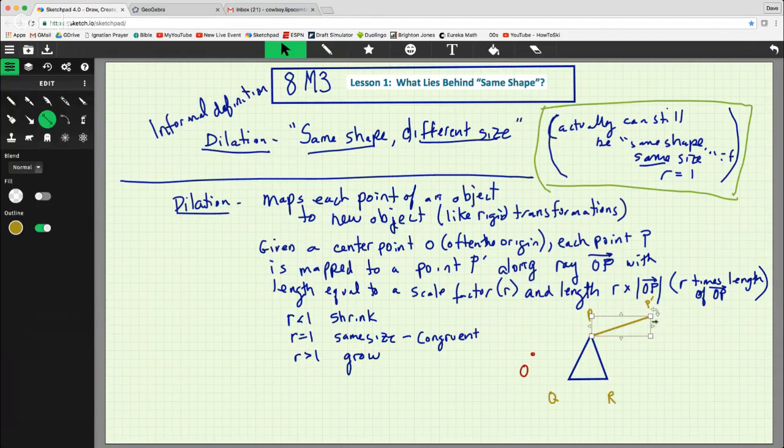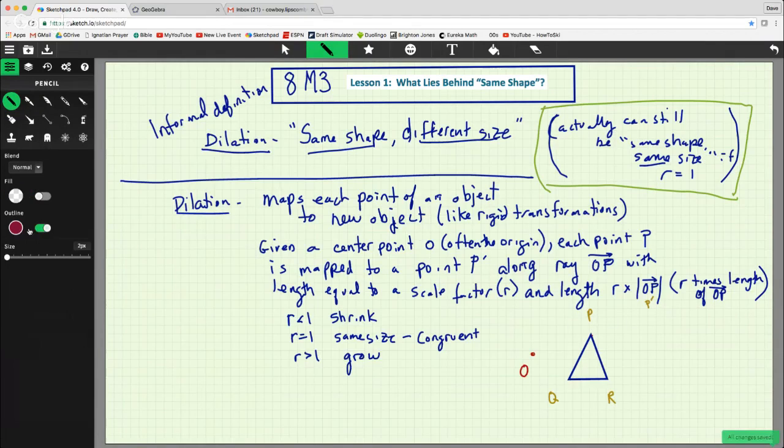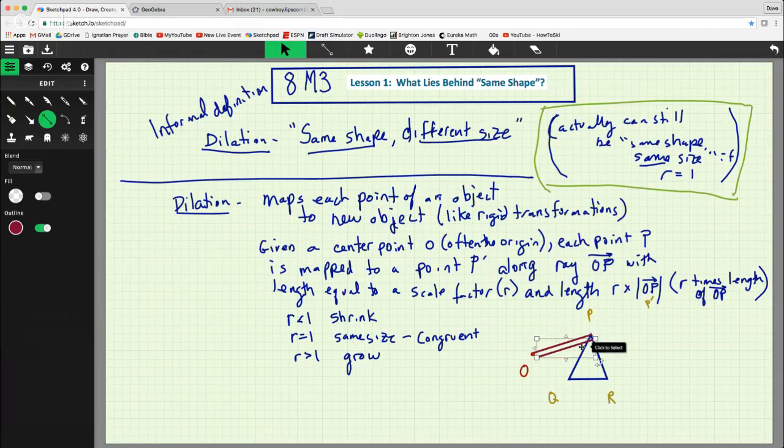I need to put a point out there. So let's put my point, let's make it in red. I am all out of control here. Okay, I have to make my line. Okay, there's my line.